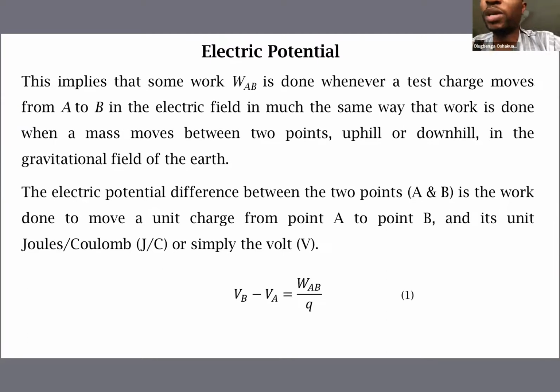We cannot talk about electric potential without talking about work done. What we'll be talking about under electric potential is directly similar to what you have done while discussing gravitational potential.